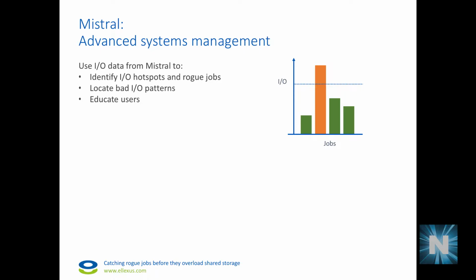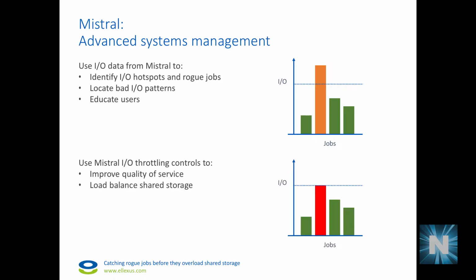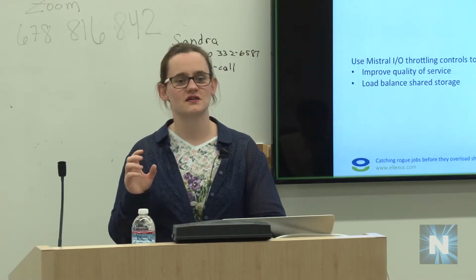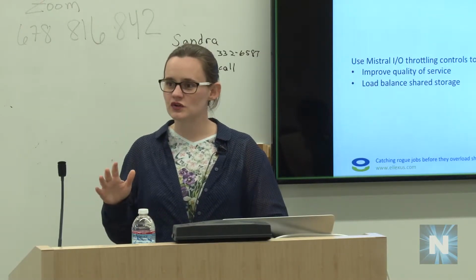You can pass that information back to users, and you can find out what bad I/O patterns are overloading your storage. You can also use Mistral to throttle the I/O, but that's not something I'm going to go into too much detail today, because actually customer X didn't use that at all to protect their storage. So it's there as something that you can do as a kind of last resort, as it were.